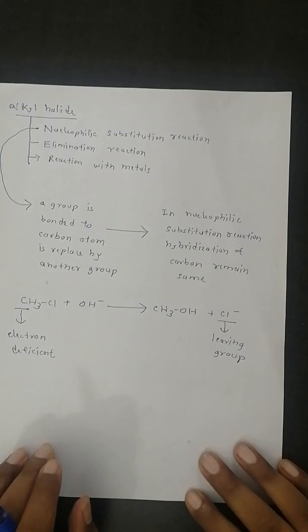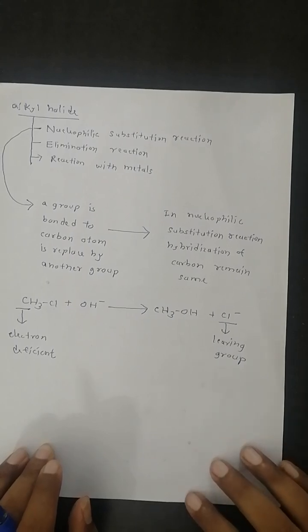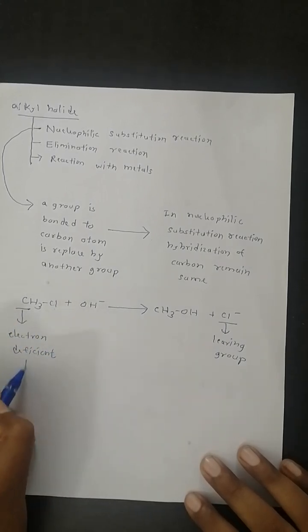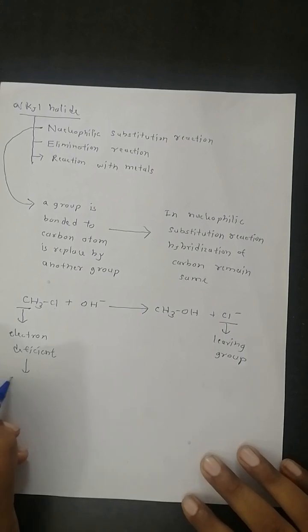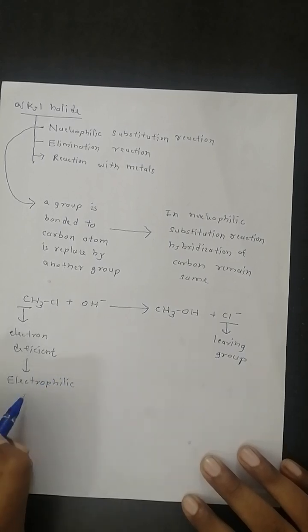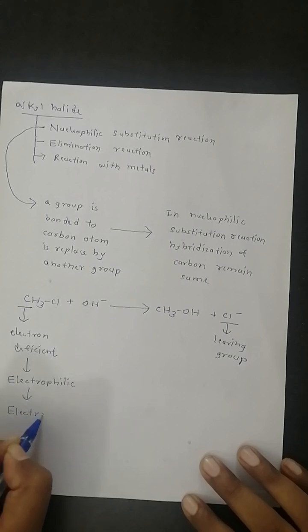Why? Because the halogen, which is a very good leaving group, has taken the electron pair. So the carbon atom becomes electron deficient, that is, it becomes electrophilic, which is also called the electrophilic center.